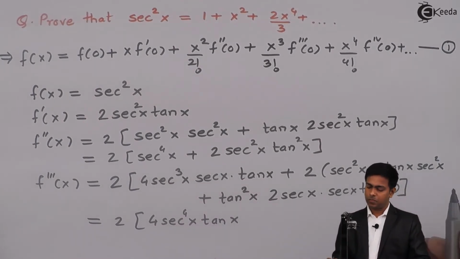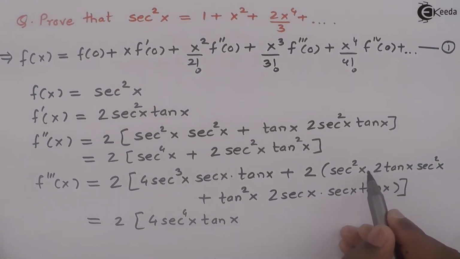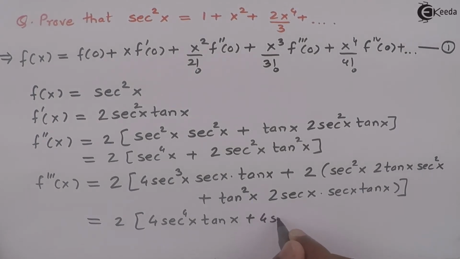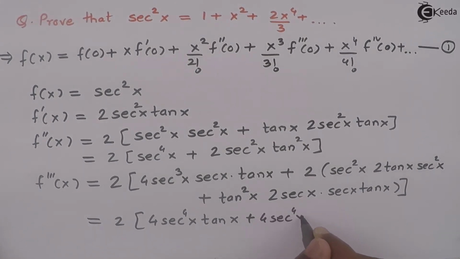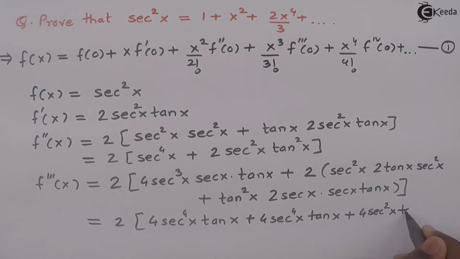Here we'll get 2 into 2, that is 4, so 4 sec raised to 4x into tan x. So plus 4 times sec raised to 4x into tan x. And here we'll get 2 into 2, 4, so plus 4 times sec square x tan cube x.